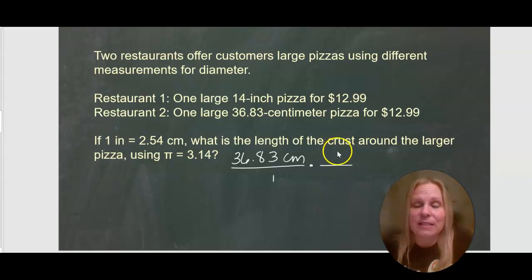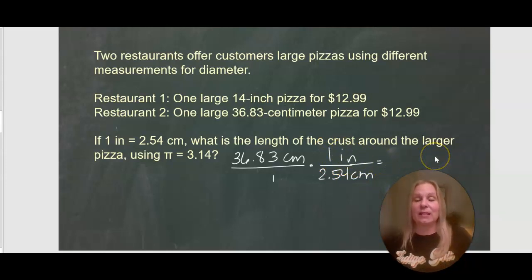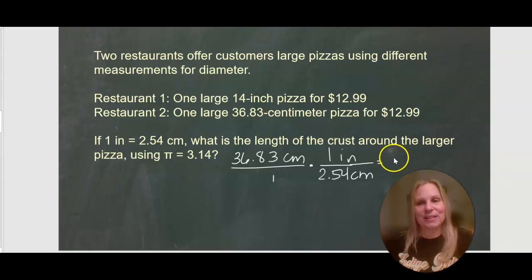I need centimeters on the bottom because I need it to cancel, so 2.54 centimeters goes on the bottom and 1 inch goes on the top. Then I go straight across: 36.83 divided by 2.54, and I get 14.5.